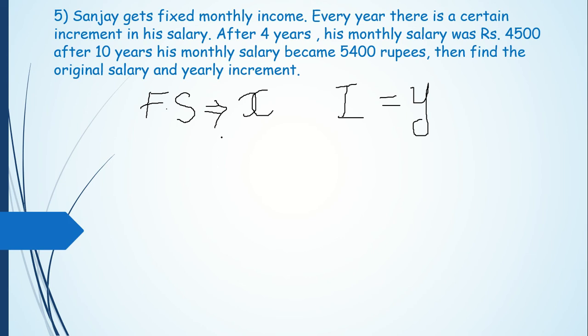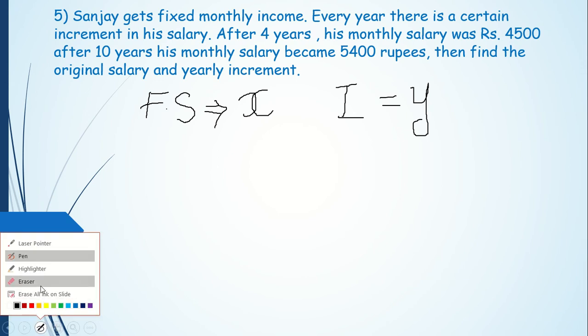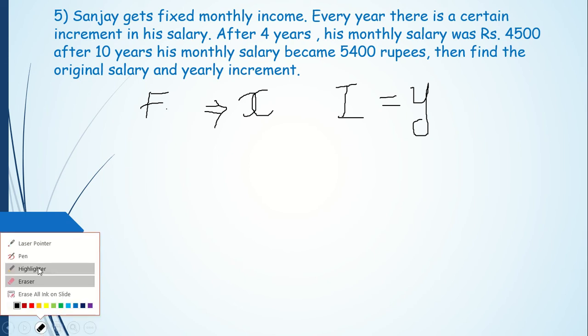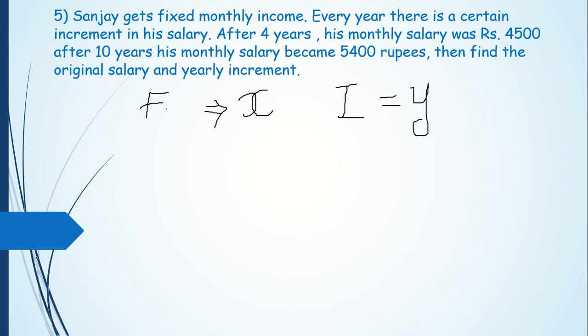His monthly salary after 4 years was... wait a minute, I should not write that as a salary, that should be written as fixed monthly income. So he is given a certain fixed monthly income and every year there is some increment happening in his salary.